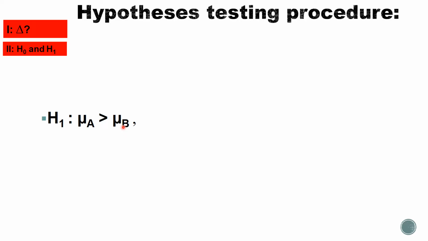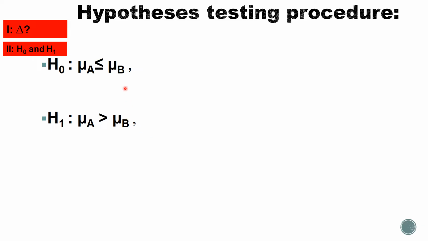So for this matter, because of random sampling error, we have to formulate a null hypothesis. In other words, the difference or the opposite results of our research question.